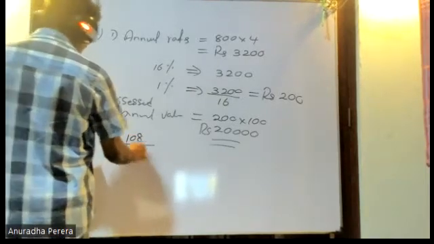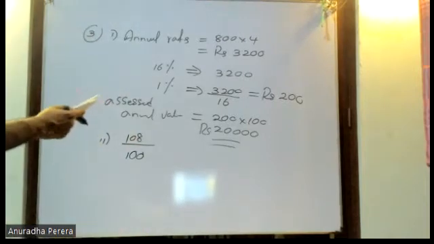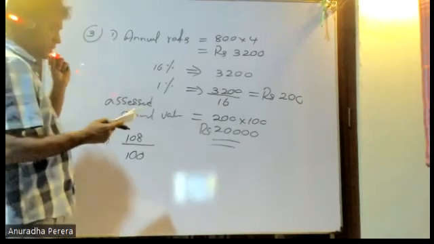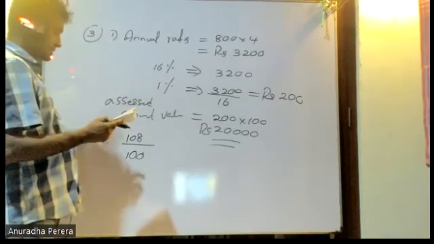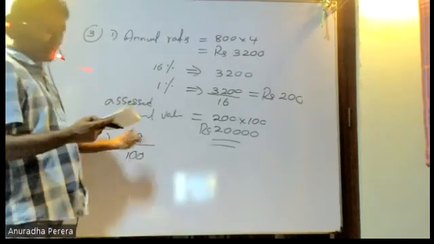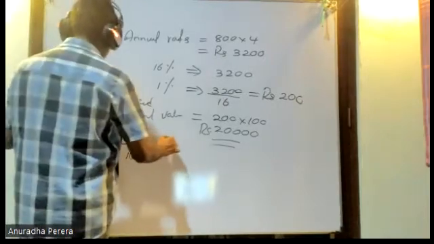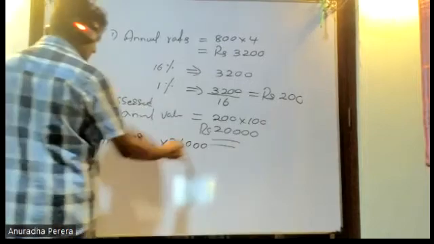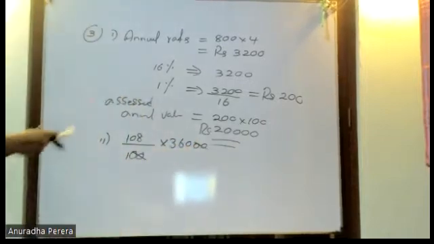If the value before paying customs duty is 100, after paying it is 108, but before paying the value is 36,000. Then simplify it. 360 into 108.